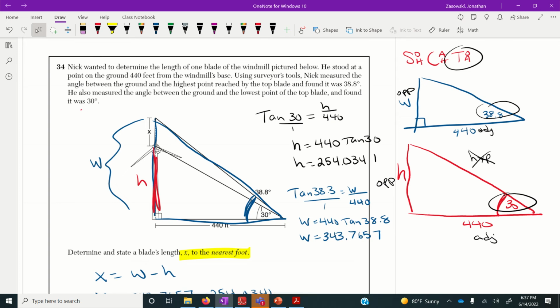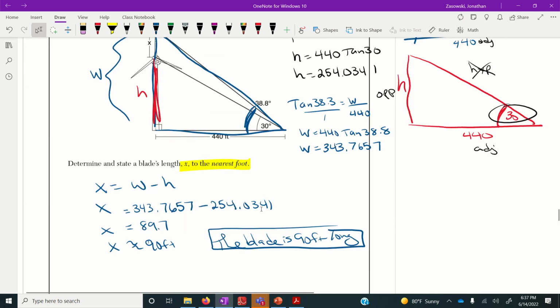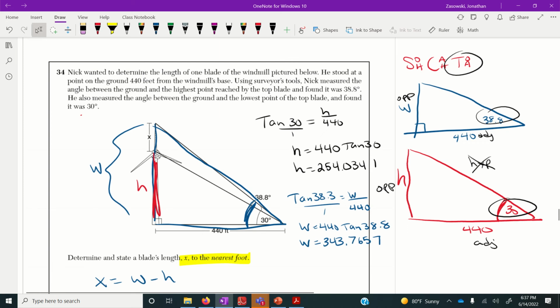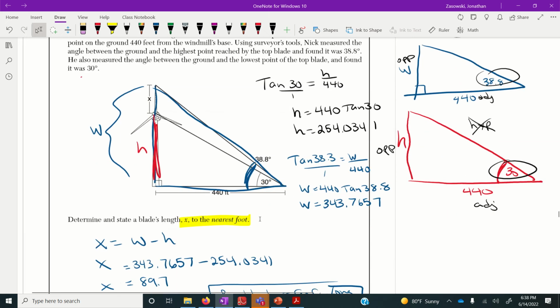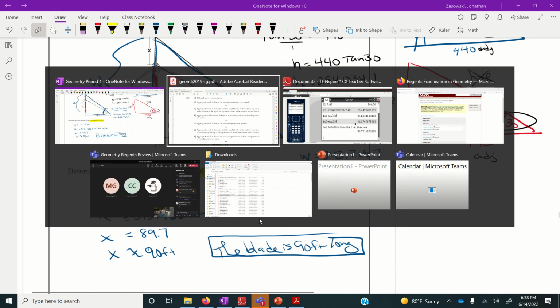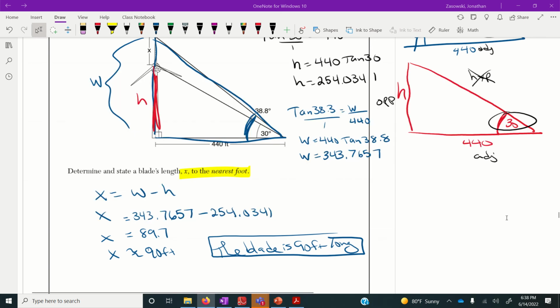Sometimes there's an extra little piece that we forgot to add in, like the height from the ground. All right, let's check.